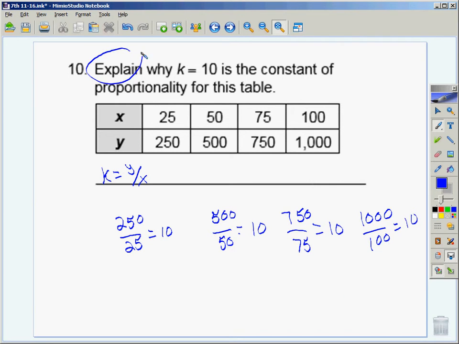It said explain why. They wanted you to show that k stayed constant. That every time that you did it, that value, when you divided y by x, stayed at a value of 10.